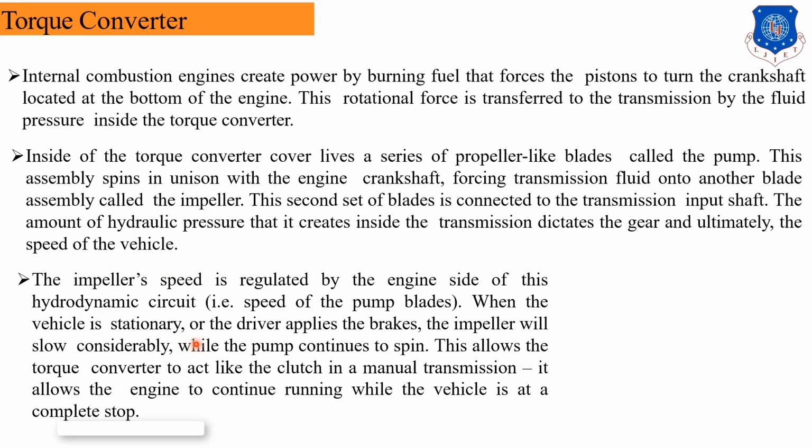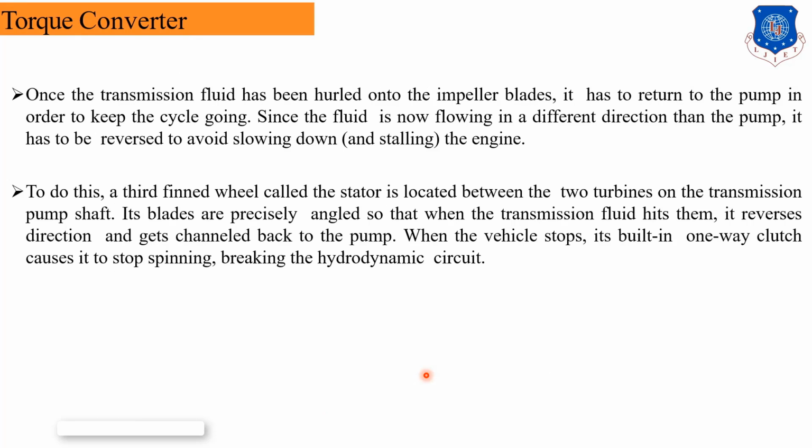When the vehicle is stationary or the driver applies the brake, the impeller slows considerably while the pump continues to spin. This allows the torque converter to act like the clutch in a manual transmission system. It allows the engine to continue running while the vehicle is at a complete stop.